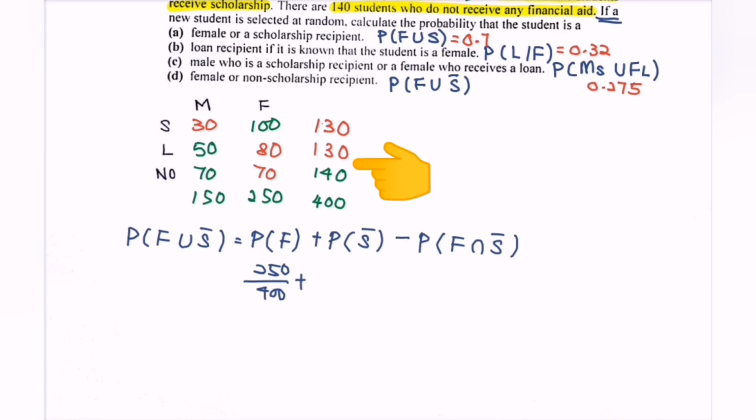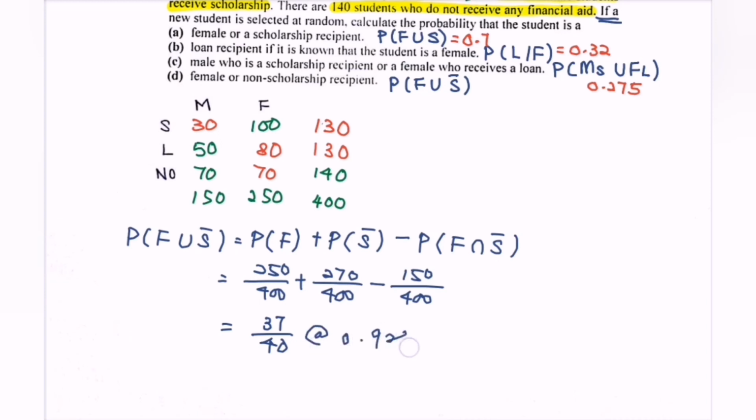So we will have 270 over 400, minus we have the female intersect with the non-scholarship. So which means that we are involving the female and also the loan and no financial aid. So here we will have 150 over 400. So after we simplify, we will have 37 over 40, which is equal to 0.925. So that is the answer for this case.